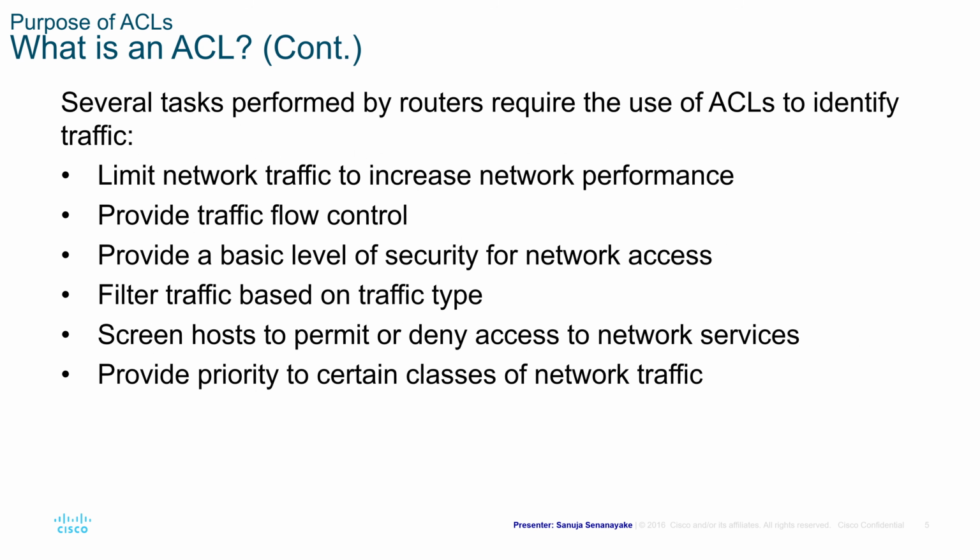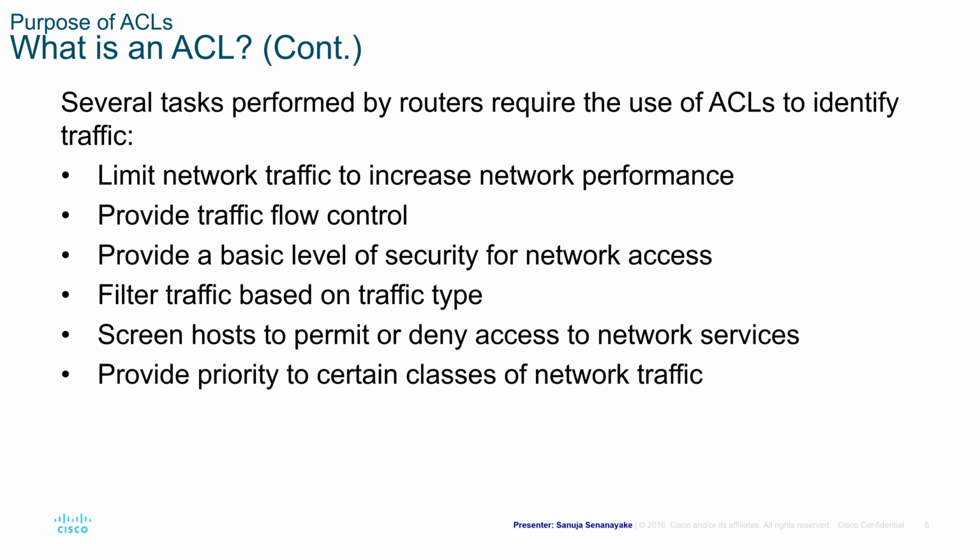There are several tasks a router can perform by using ACLs. Those include network traffic control, either limiting network traffic or increasing it, and that would either increase the performance of your network or can be used to mitigate any issues that you have experienced in the past.